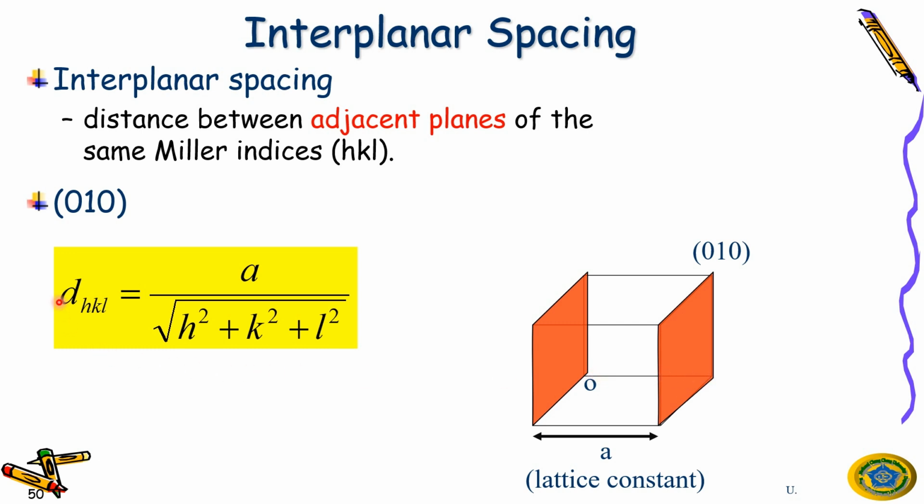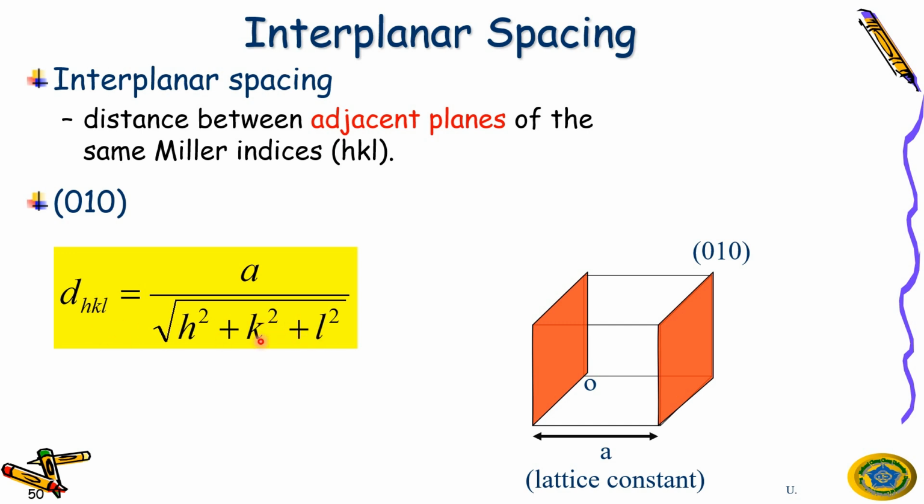The equation you need to know, ladies and gentlemen. Please remember this equation. This is not difficult at all, but I want you to remember it because it might be in your final exam paper. So what's A? A is the lattice length, and then divided by the root of H power 2 plus K power 2 plus L power 2.